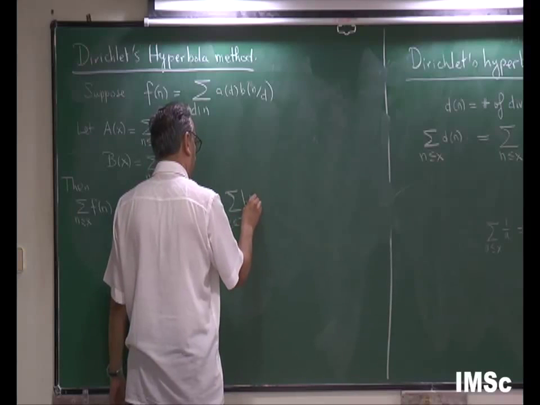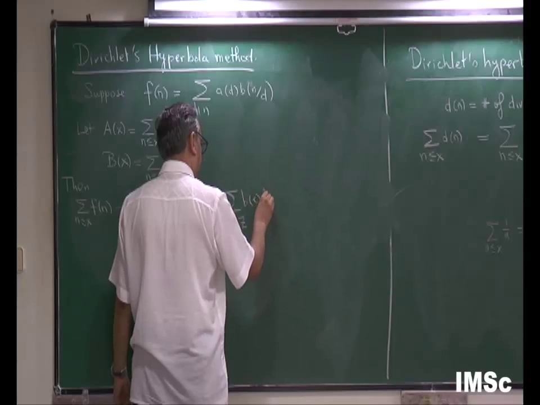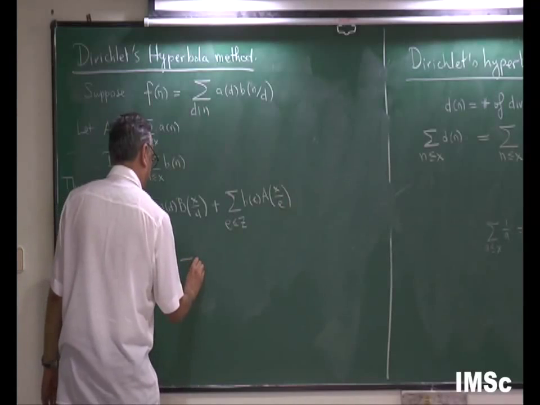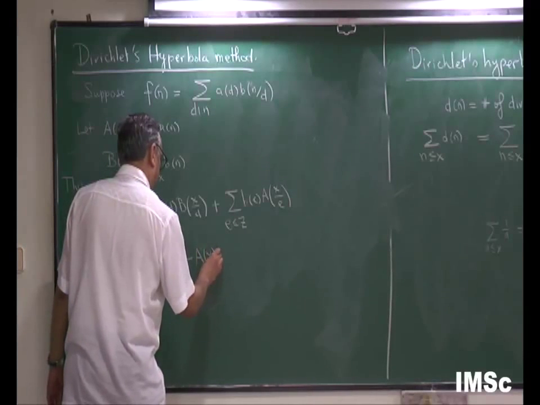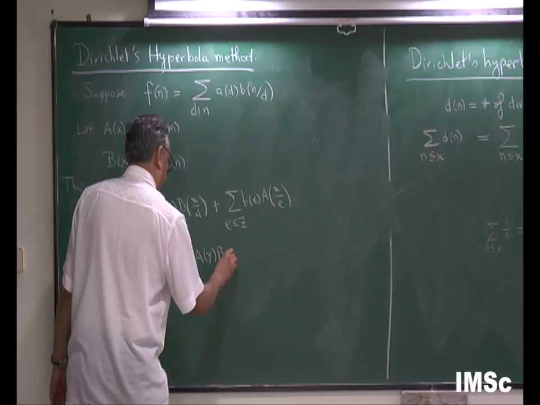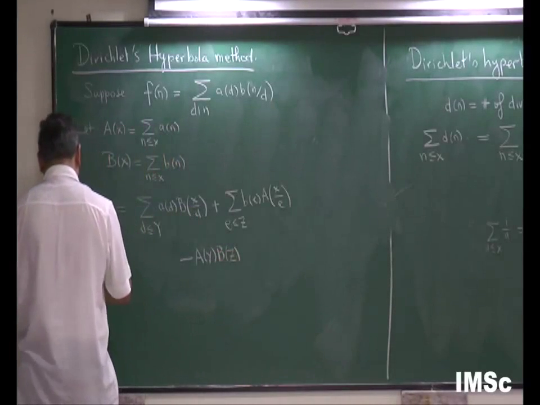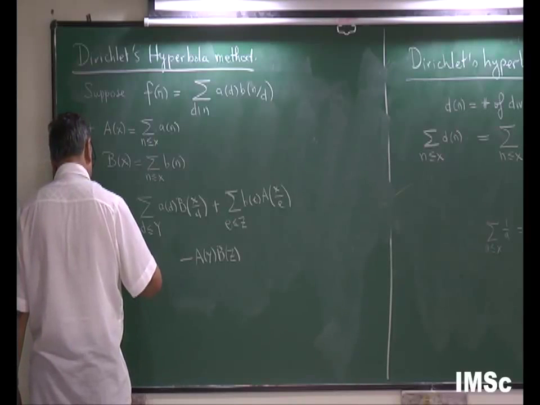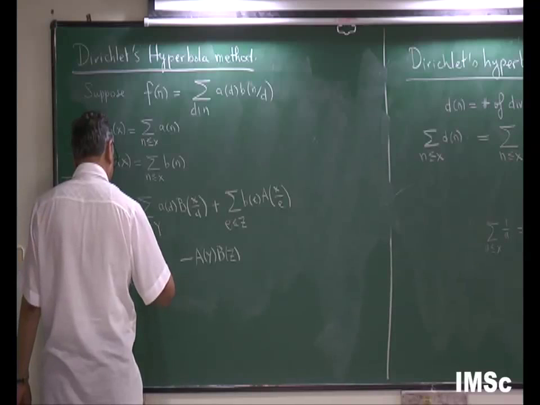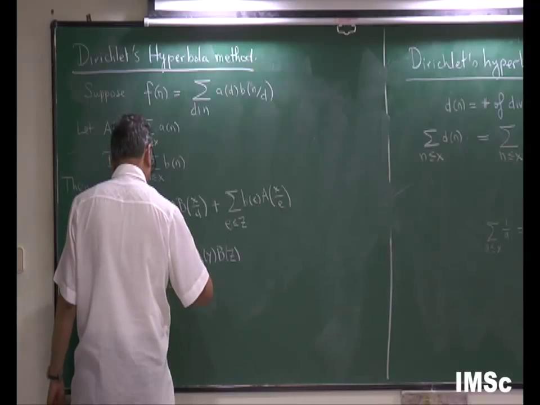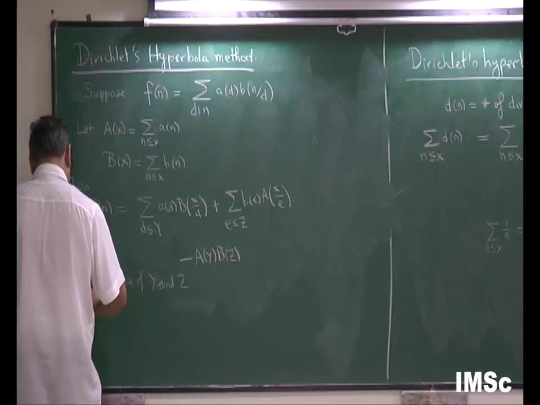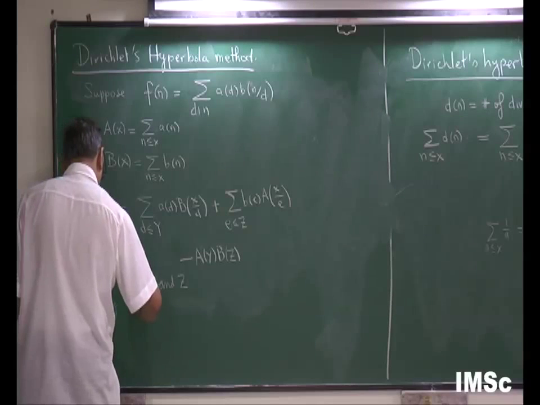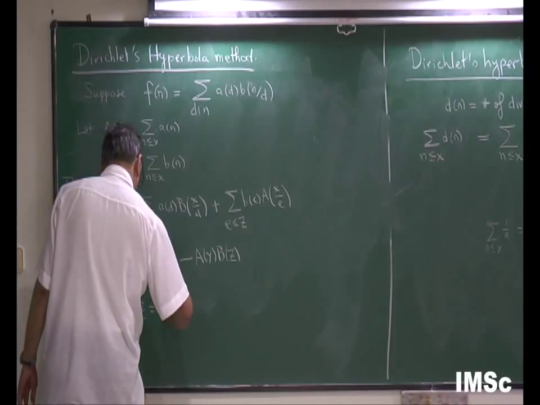You'll see in a second why. Not that it matters. Minus a of y times b of z, for any choice of y and z satisfying yz equal to x.